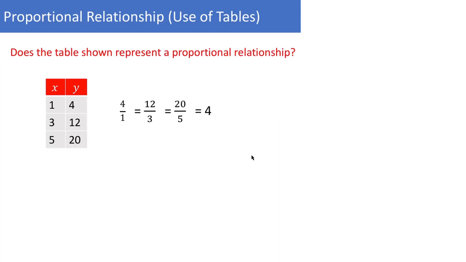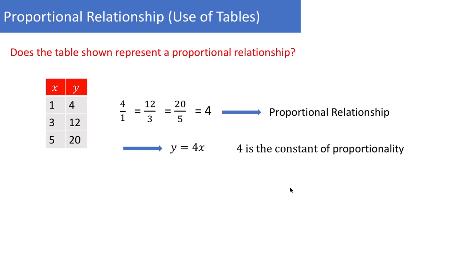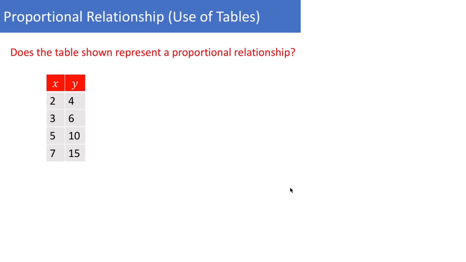So it does represent a proportional relationship. In this situation, the equation is y equals 4x. When x is 1, y is 4. When x is 3, 3 times 4 is 12, 5 times 4 is 20. So 4 is the constant of proportionality.